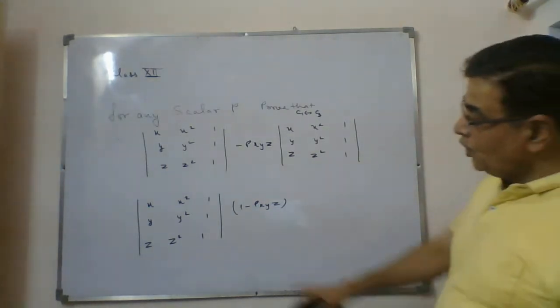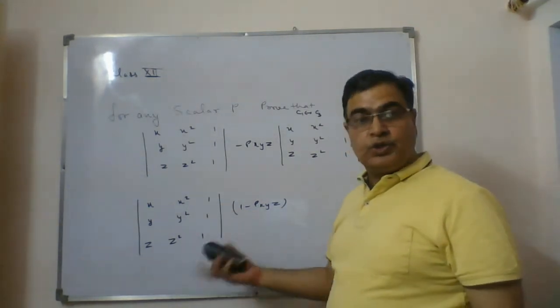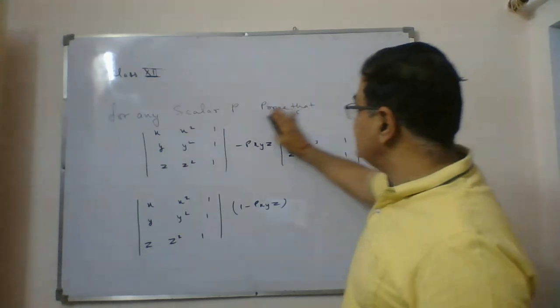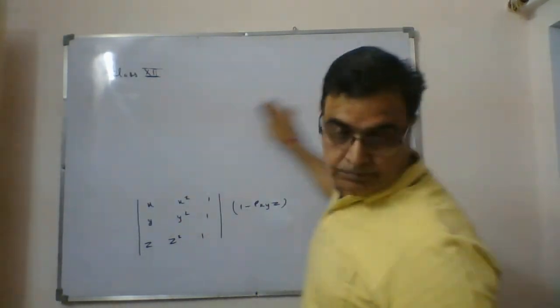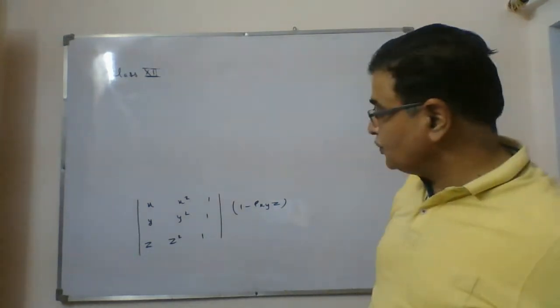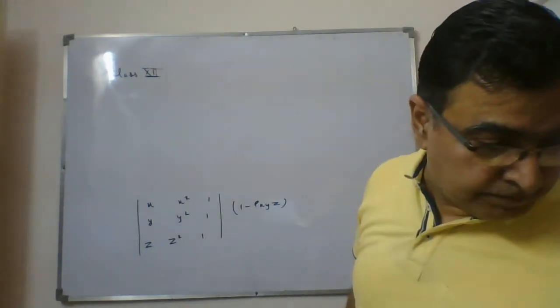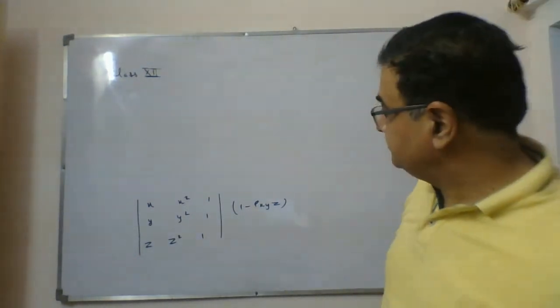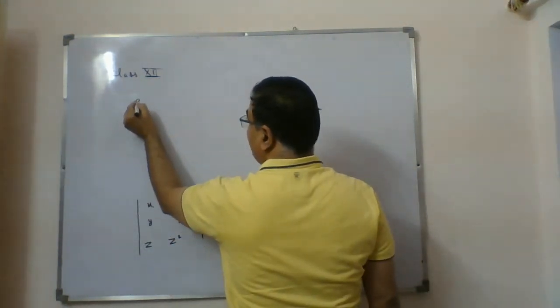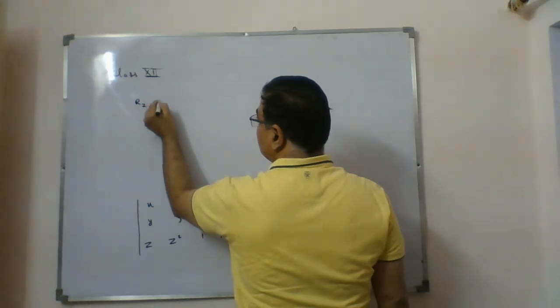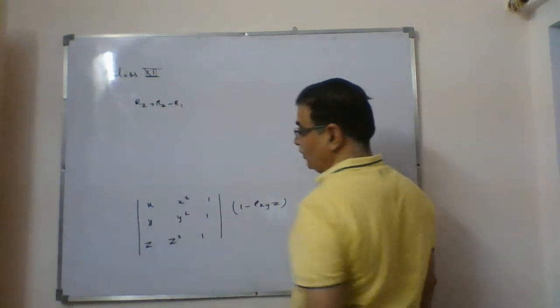And now you know how to solve it. By creating two zeros, you can solve this result easily. So I just solve it further. If you want to solve it further, what we do in this case, first we will take R2 minus R1.